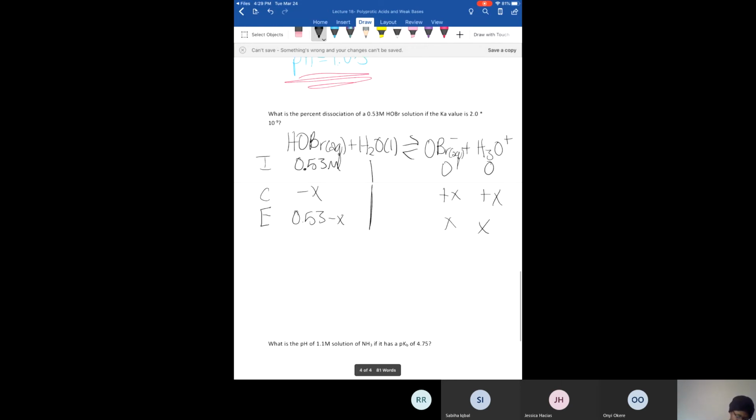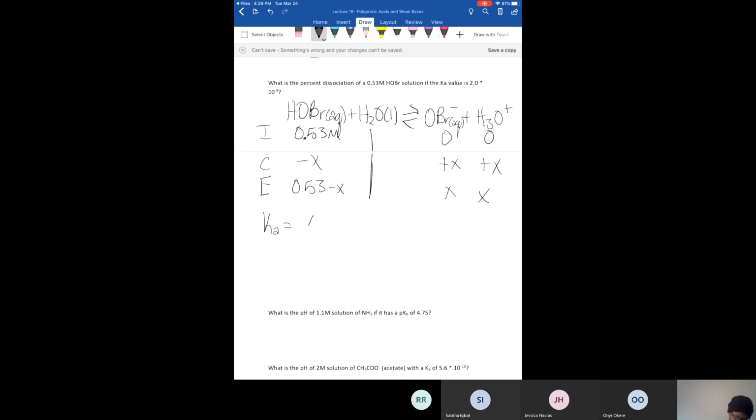So your Ka equals x squared over 0.53. And you ignore the x again because the Ka value is smaller than a factor of 10 to the 4 in relation to the concentration. So 2.0 times 10 to the negative 9 equals x squared over 0.53.